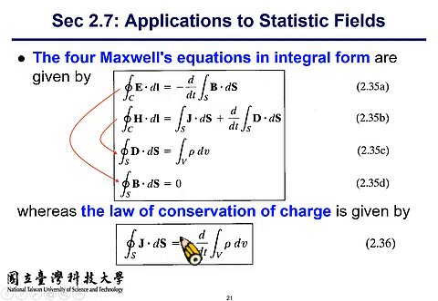Here we will discuss the special case of a static field. 静场的状况底下。So here are the 4+1 Maxwell equations, including Faraday's law and Ampere's law, Gauss's law for the electrical field, Gauss's law for the magnetic field, and the law of conservation of charge.